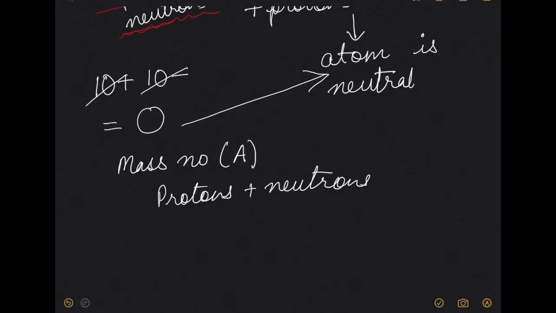So this is equal to the mass number, which is written as A. Now remember children, this mass number is actually a whole number which is approximated. All the atomic masses of the protons and the neutrons are calculated, and an approximate whole number is given, and it is calculated in AMU. You know AMU means atomic mass unit.